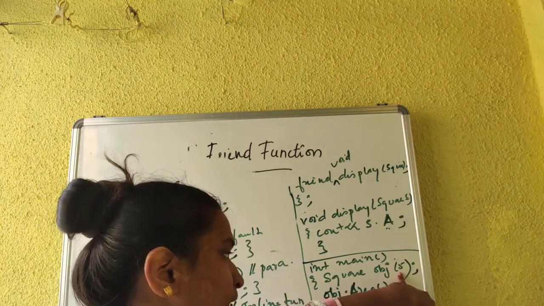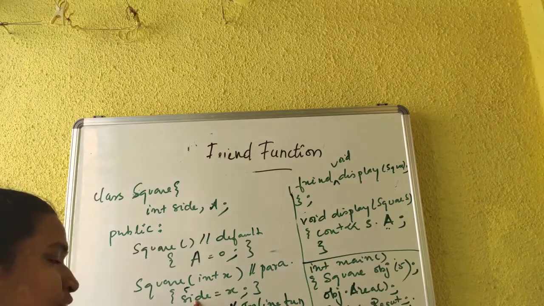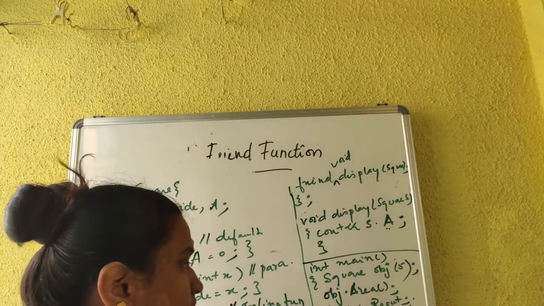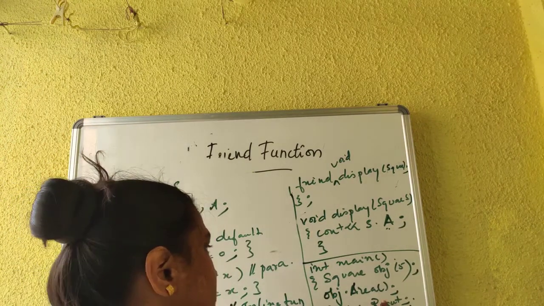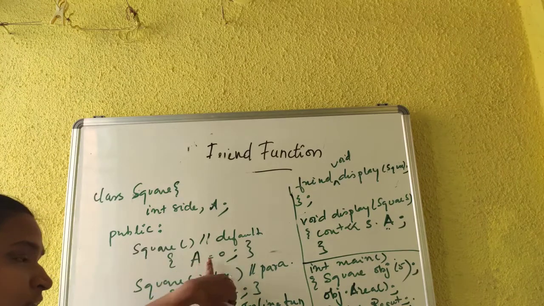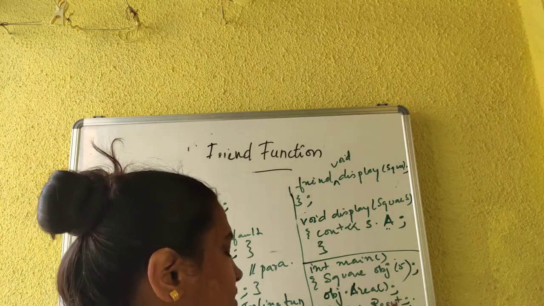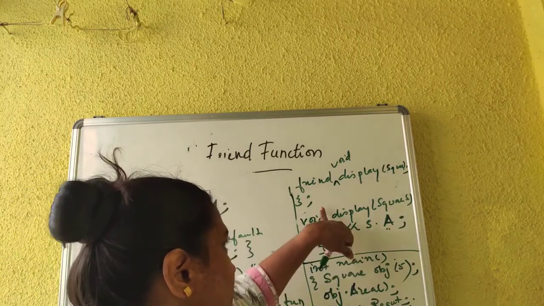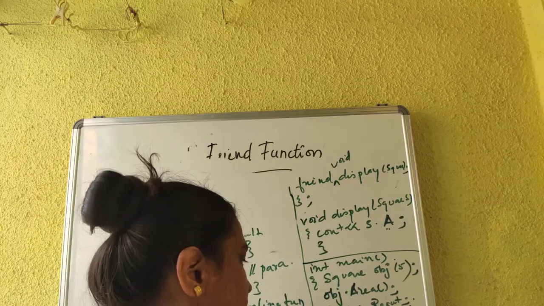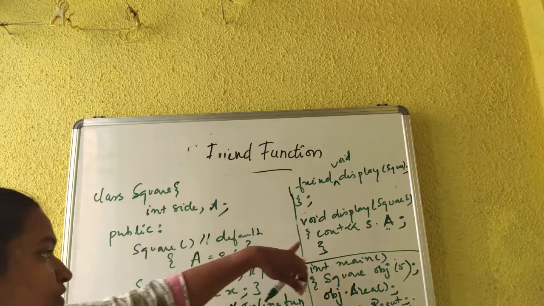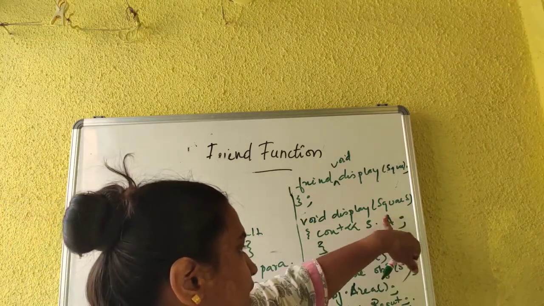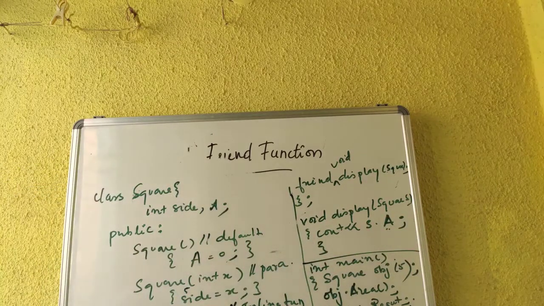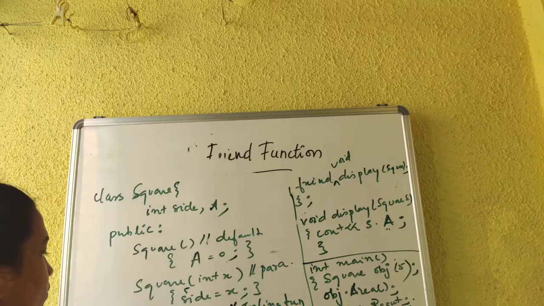This line is going to call the parameterized constructor, giving side the value 5. This is going to call the area function, giving the area value 25. The third statement is going to create another object called result, which calls the default constructor, so A is equal to 0. Then I'm copying the state of the object to this object using a copy constructor, and then I'm calling the friend function display and passing the object result. So in the friend function, result's A, the value gets copied to s dot A, which should give you 25. So this is how a friend function works. I hope you all have understood.